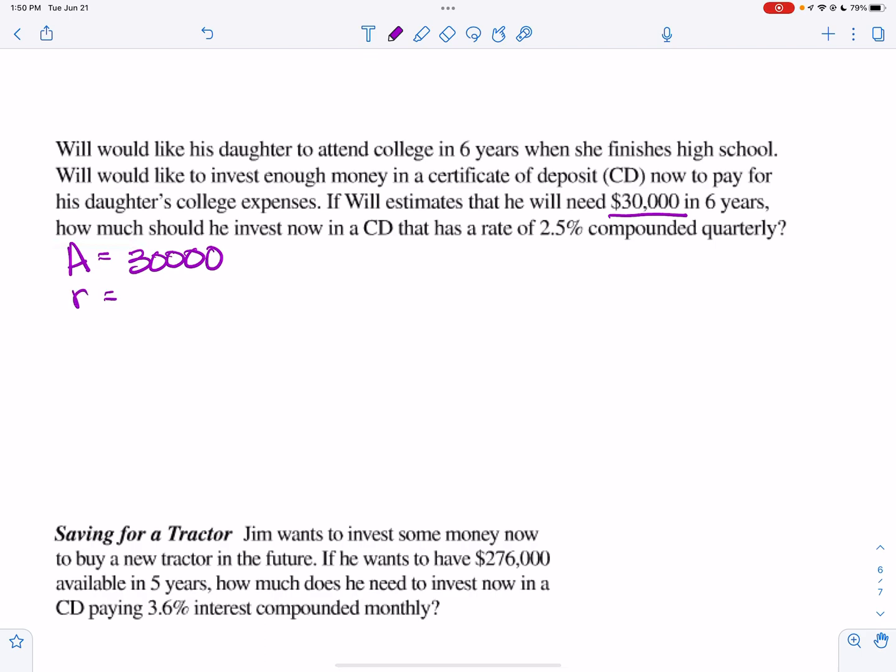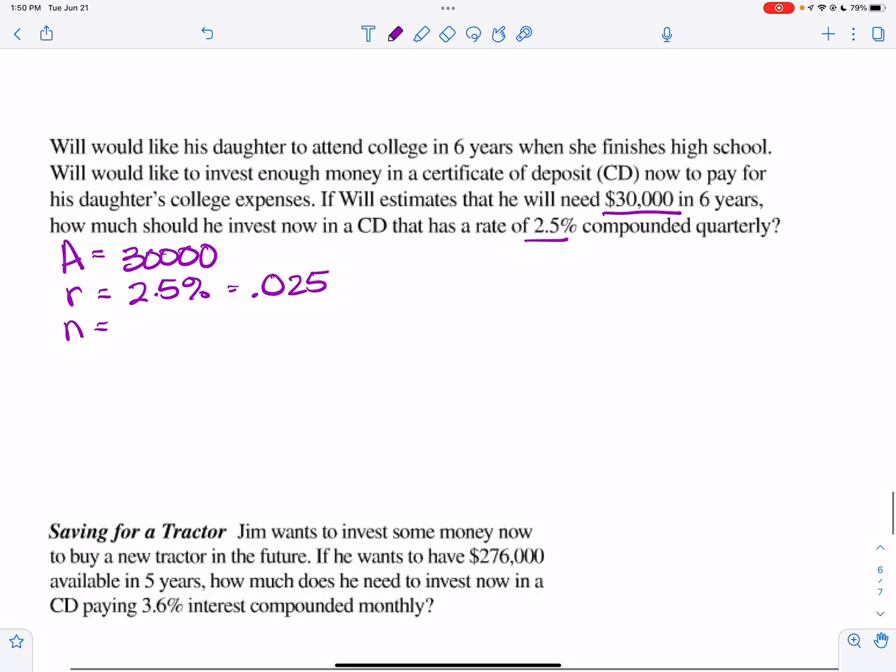My rate is going to be 2.5%, which is 0.025. My N is compounded quarterly, so N is 4. And my time is 6.